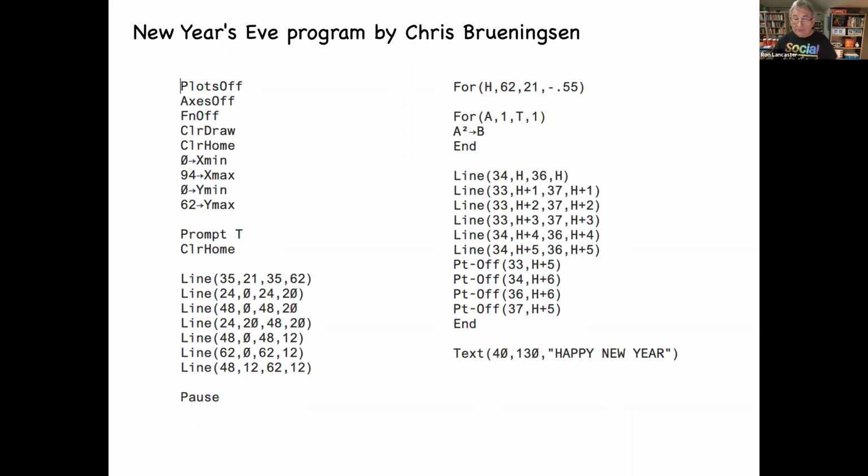And then it just moves down. I thought it was just brilliant what Chris had done. And there's a sleep, pause, whatever you want to call it, for a equals 1 to t. As you change t, it's slowing it down or speeding it up, depending on the size of t.